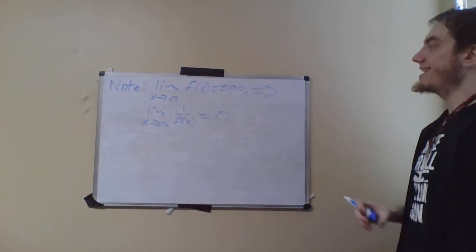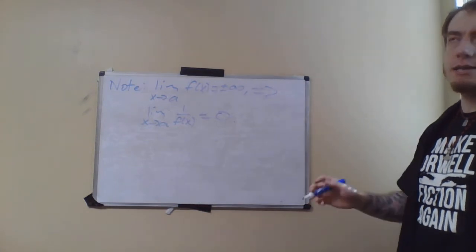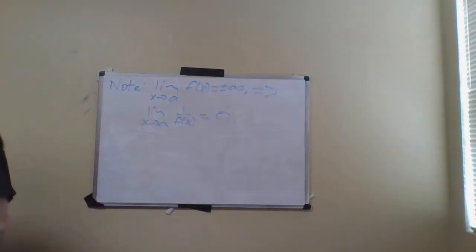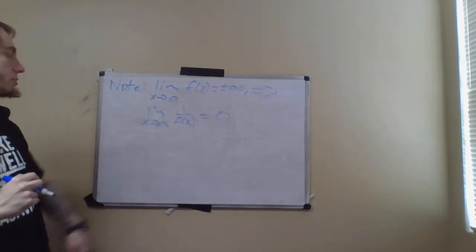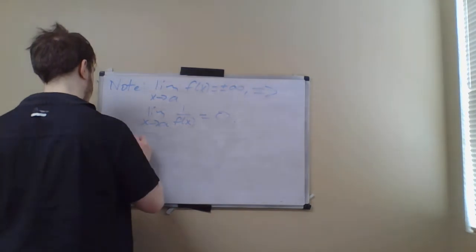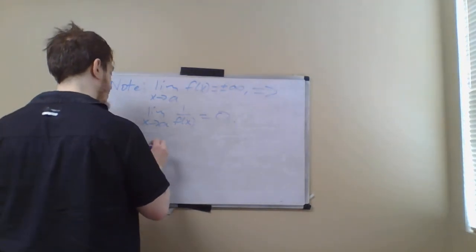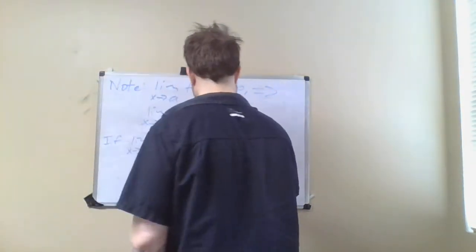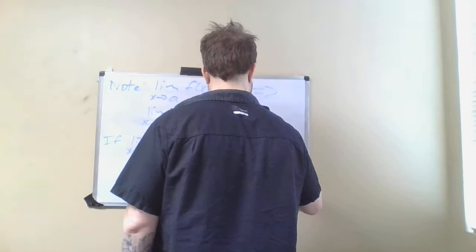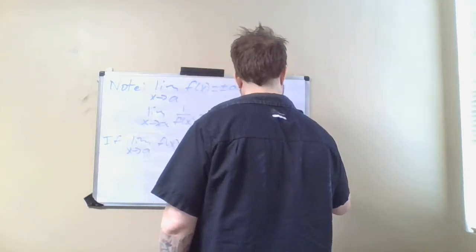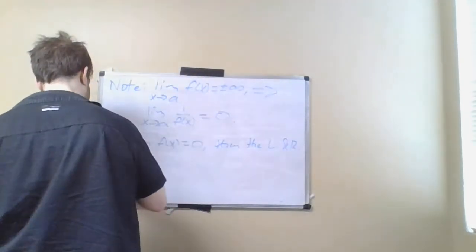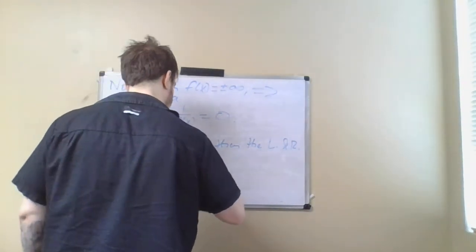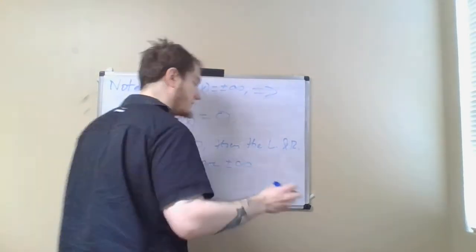Okay? And the other direction is almost true. What is true is that if the limit as x approaches a of f of x is equal to 0, then the left and right limits of its reciprocal are plus or minus infinity.